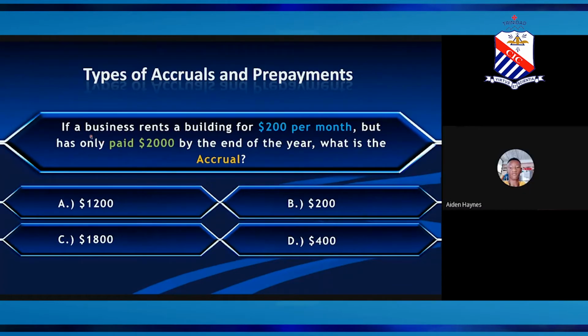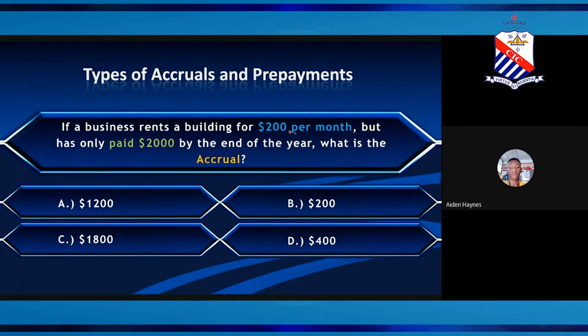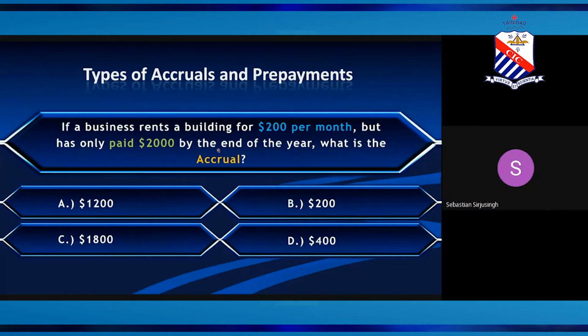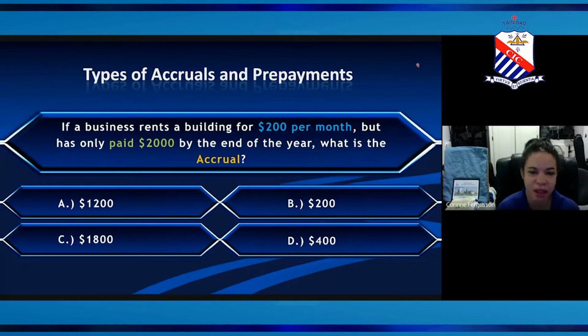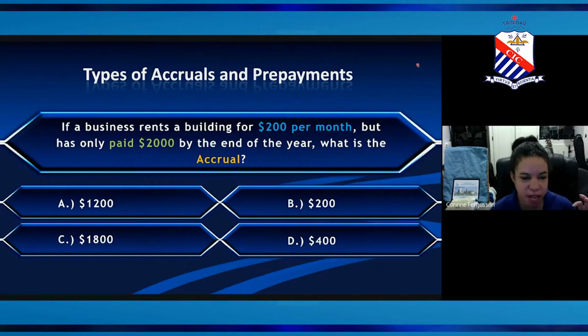So let's take it. If the business rents the building for 200 but paid 2,000, what is the accrual? In other words, it's still owing. I think it's D. Okay, D. When I call out, who says A?